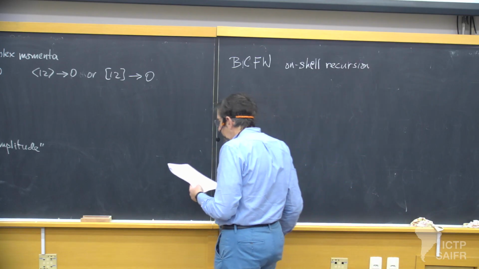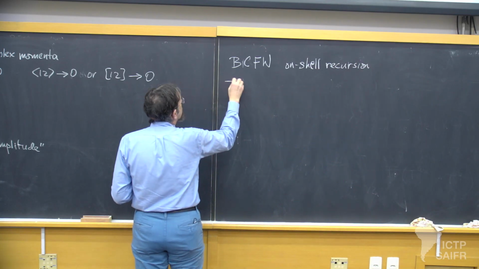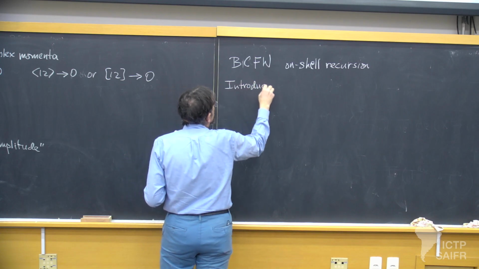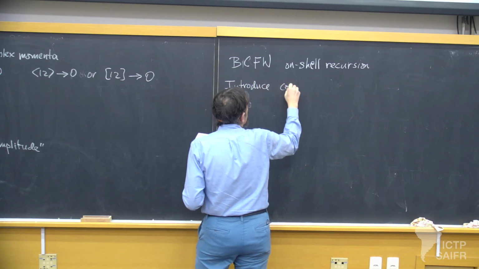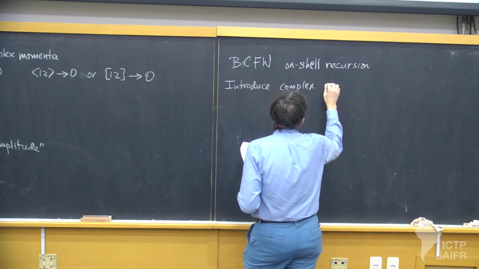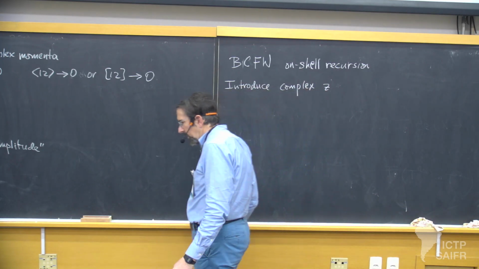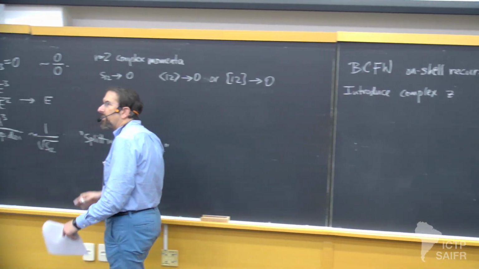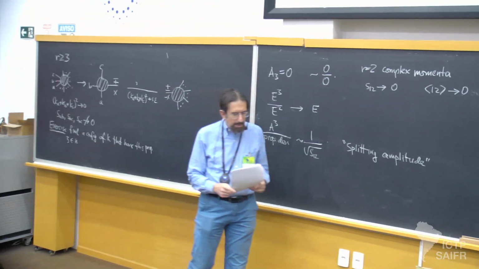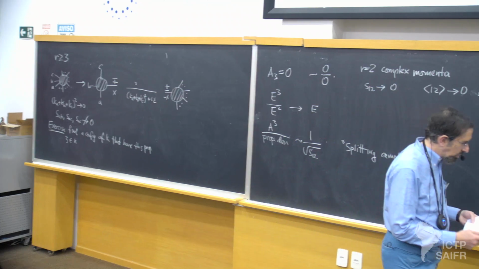To look at them, we're going to introduce a complex parameter z, and we're going to take the spinors that our amplitude is a function of, and we're going to shift them.